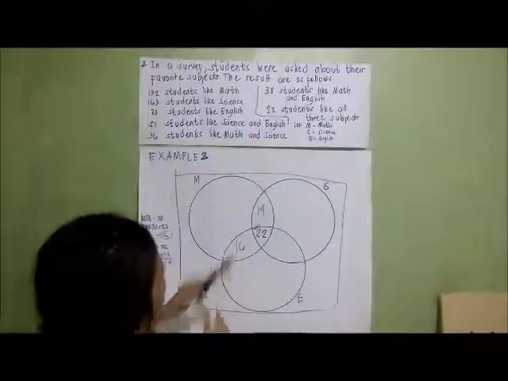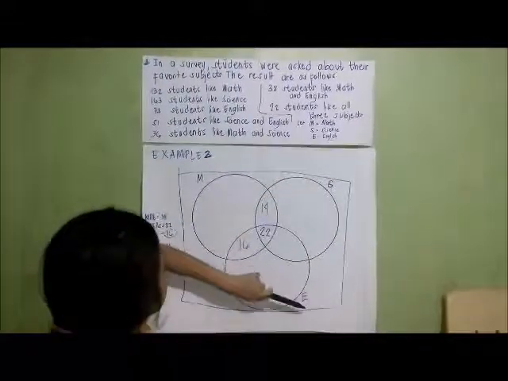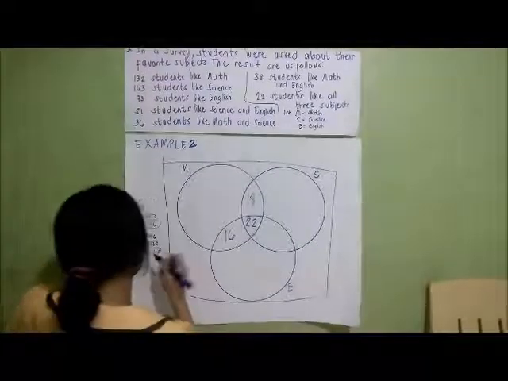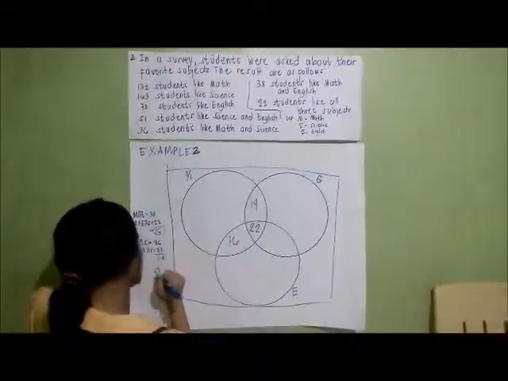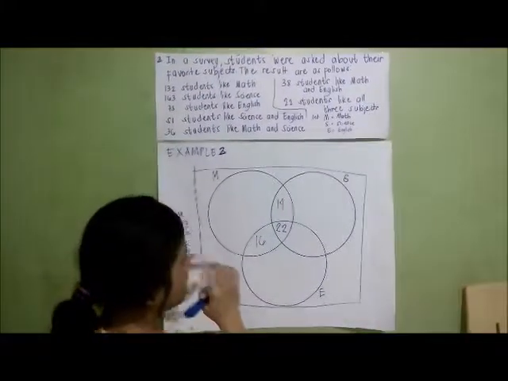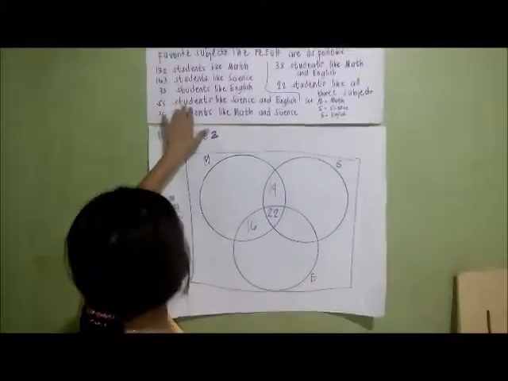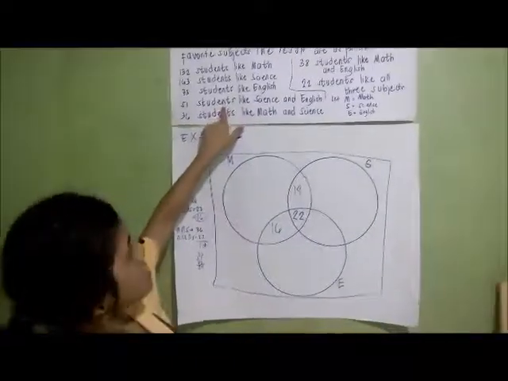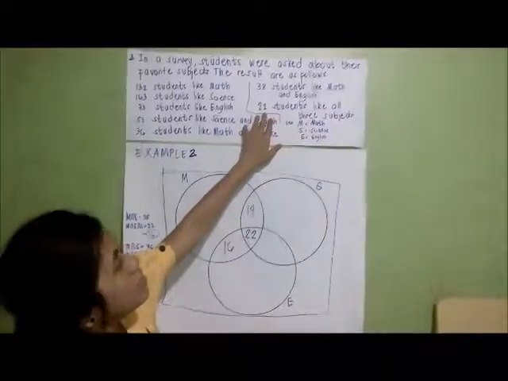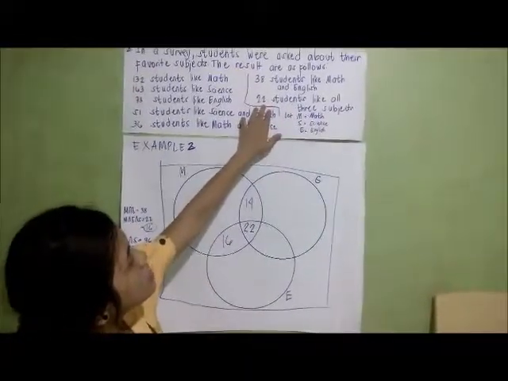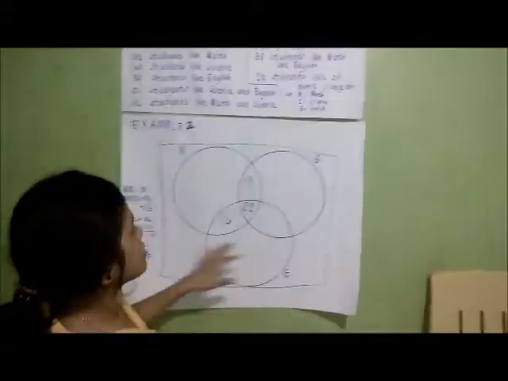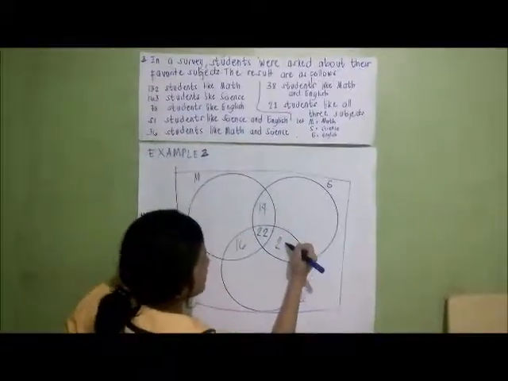So the intersection of S and E is equal to 51 minus 22, which is equal to 29.